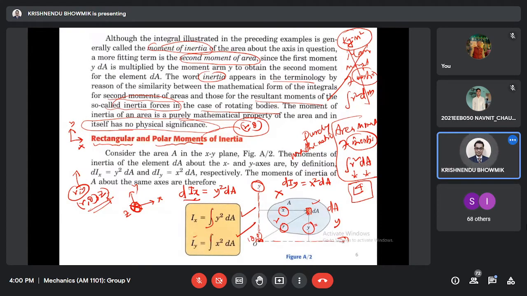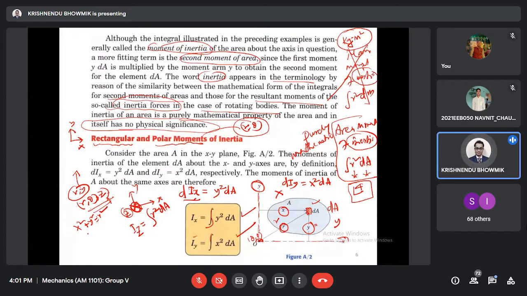Now, if somebody wants to calculate something with respect to the z axis, I can write this as Iz. Iz equals r square dA, because with respect to the z axis, the radius is r, so r square dA. On the other hand, somebody can write x square plus y square equals r square.